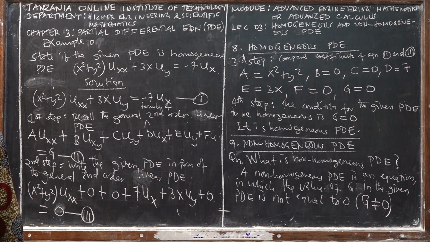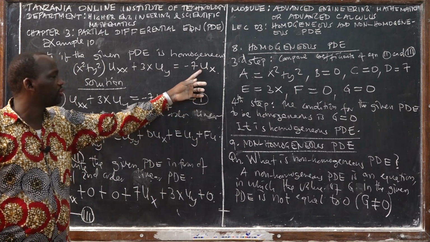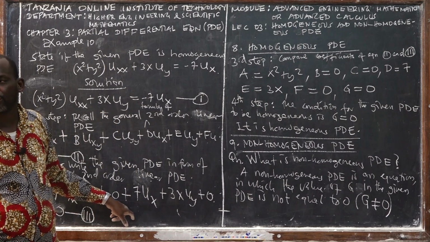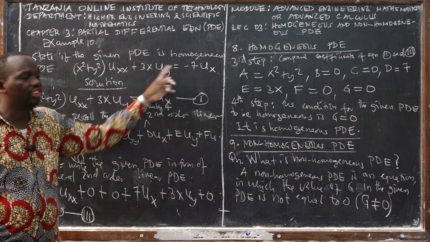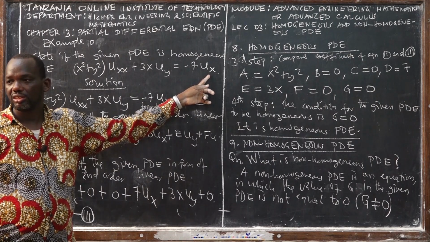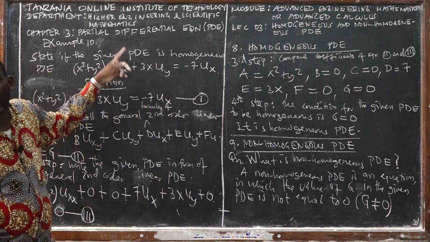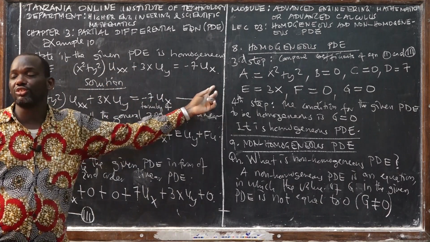How can you change? Here we do not change. These terms should be on this side according to the general form. We did not change. This is not G. You're allowed to bring some terms on the left hand side into the right hand side.